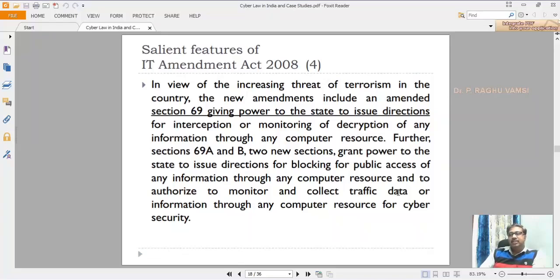So the state governments, if they feel that some malicious activity or some cyber terrorism activity is going to happen in that state, have the right to monitor the traffic, especially like tapping phone calls or observing network traffic, or turning off the mobile towers, or monitoring the mobile calls. All these things can be done by the state under Section 69 of the IT Amendment Act 2008.